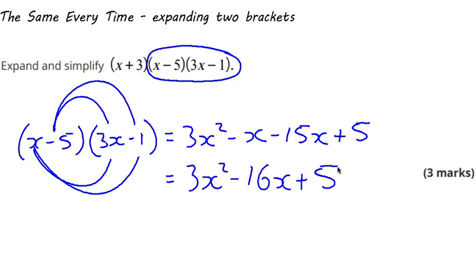So those second 2 brackets, the x minus 5, the 3x minus 1, I've now simplified those, made them into a single bracket. There we go, I could write it like that, of 3x squared minus 16x plus 5. And of course I'm writing all this down because I need to get my method marks for this question.